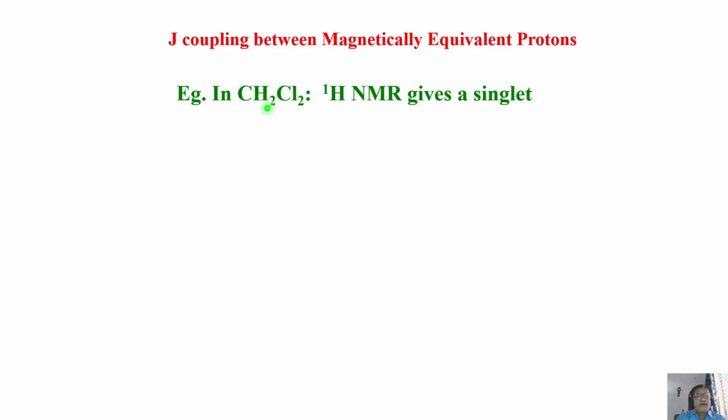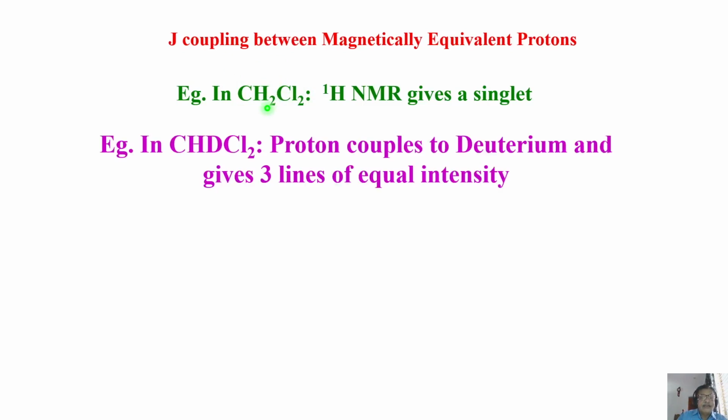When I deuteriate that, you get CHDCl2. This is another way. When I look at this CHDCl2, the proton coupled to deuterium gives 3 lines of equal intensity.